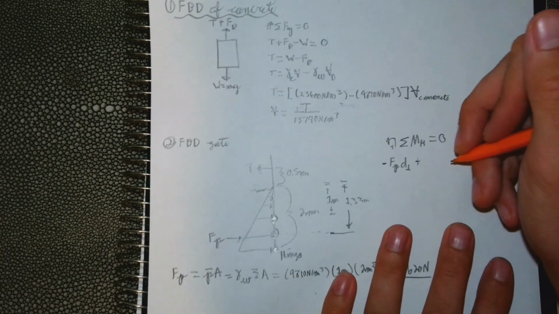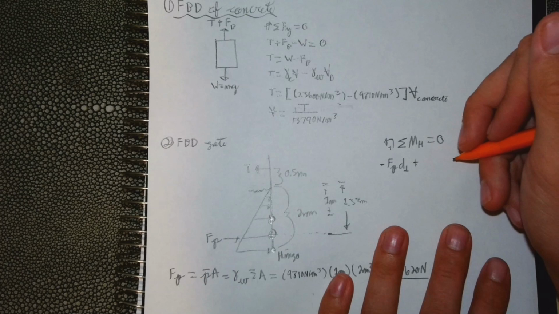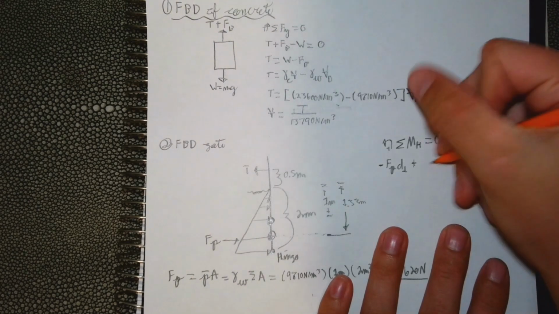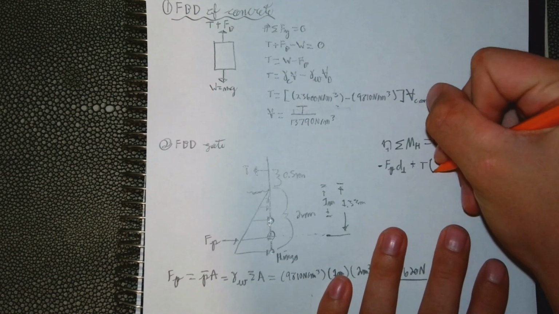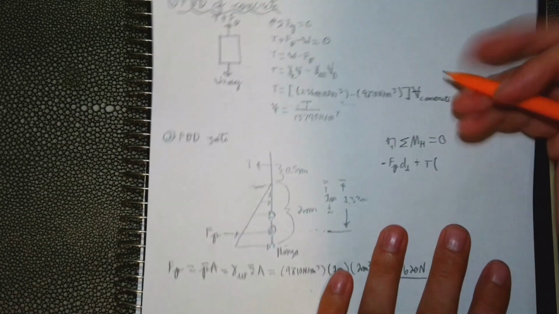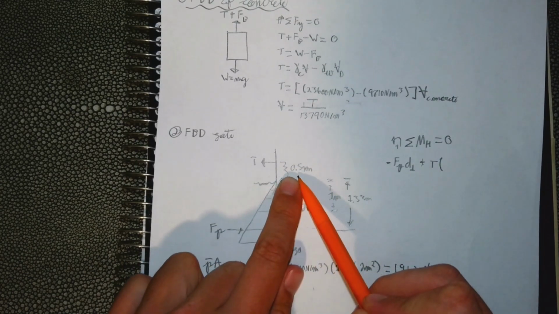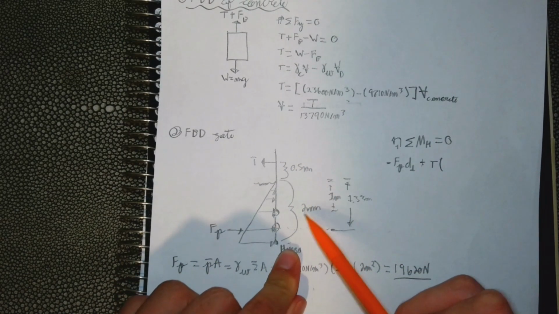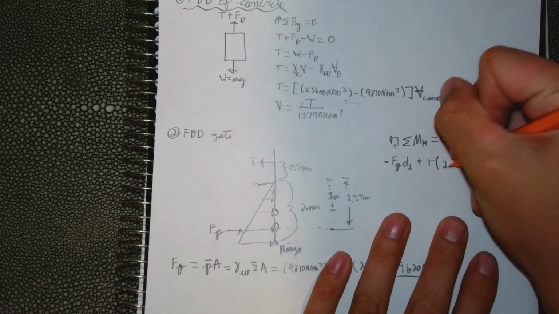So this will be tension times the perpendicular distance, which in this case is half a meter plus the 2 meters, so 2.5 meters.